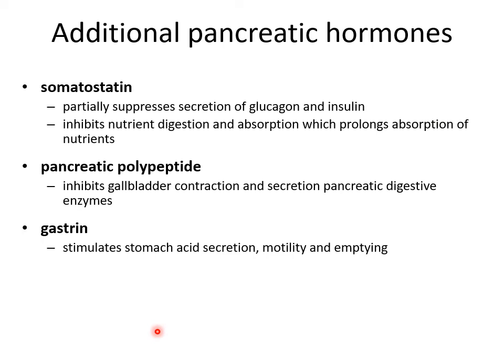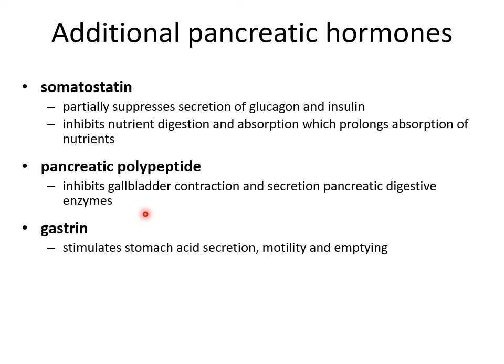Additional pancreatic hormones include gastrin. Gastrin is an endocrine hormone that stimulates stomach acid secretion and the stomach churning and emptying when new food has just been swallowed.